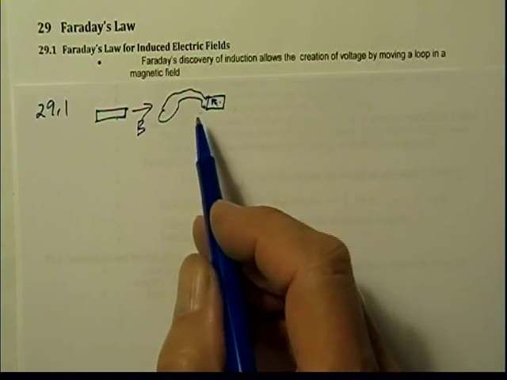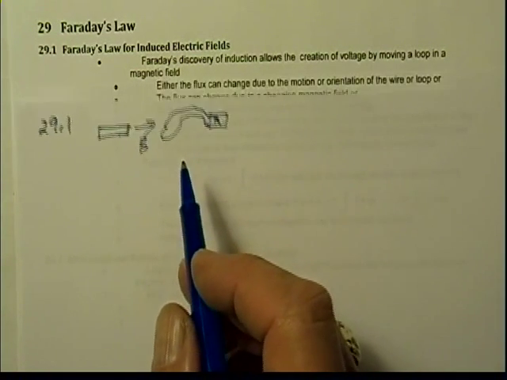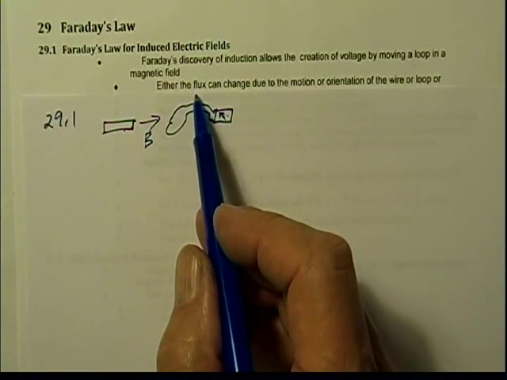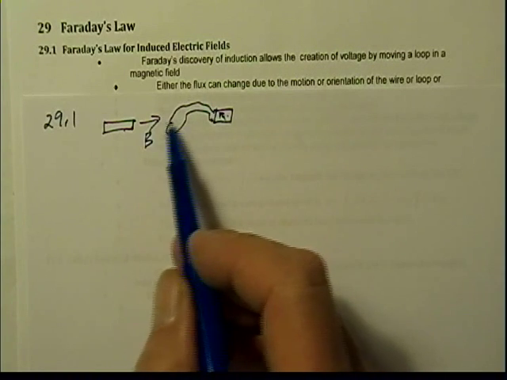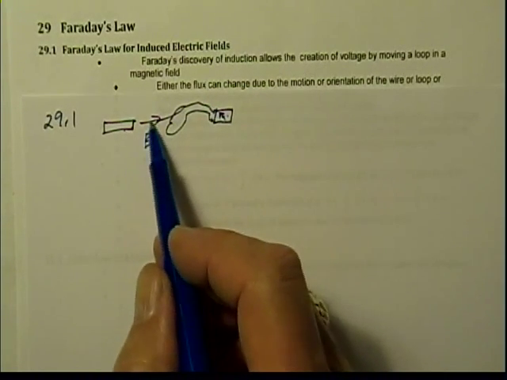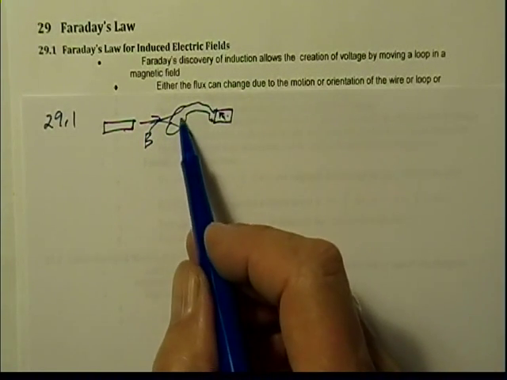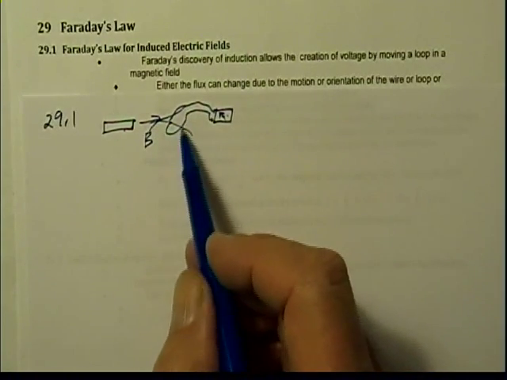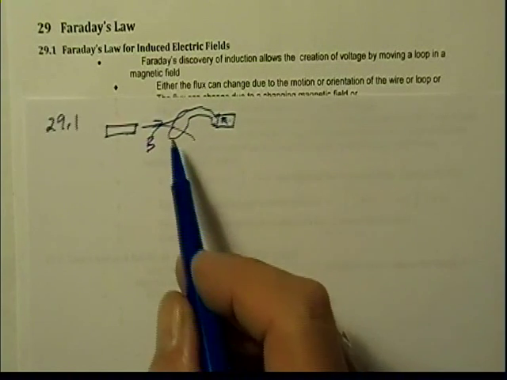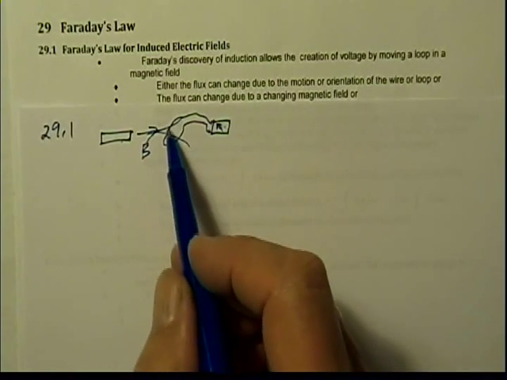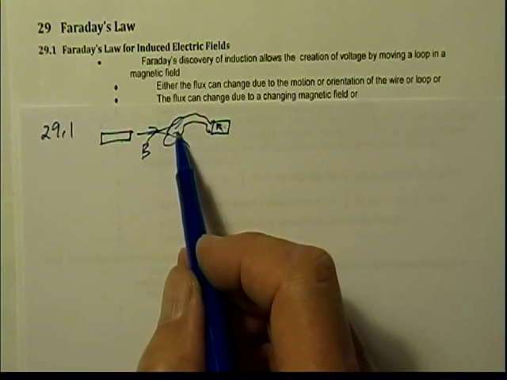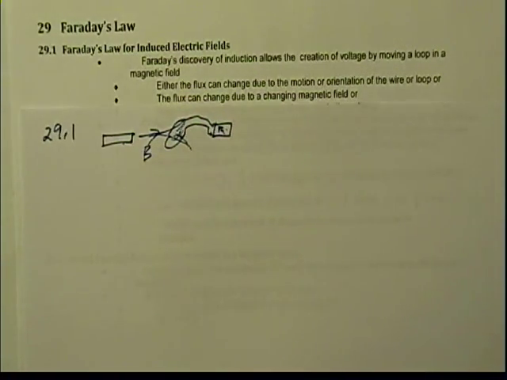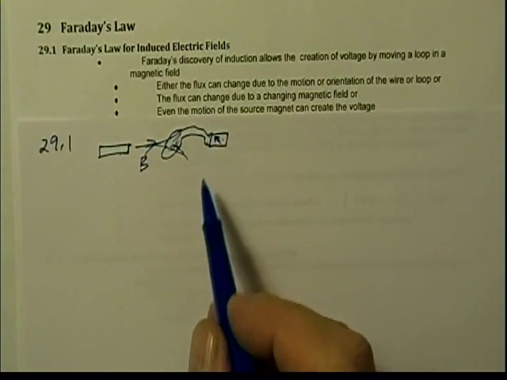As I recall the story, he dismissed the class and began his discussion of this. What he concluded from his experiments was that the flux from this magnetic field going through this loop can change, either due to the orientation of the wire, in other words, I could move the wire, or the loop, or the magnet, in any way that this flux changes, so I get more or less magnetic field through this loop, and then I get a voltage that follows.